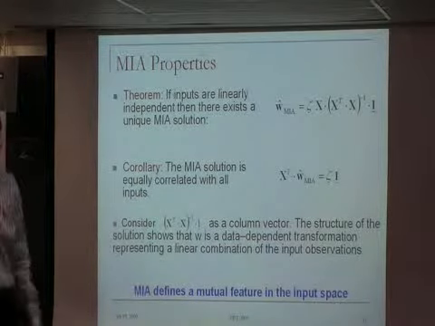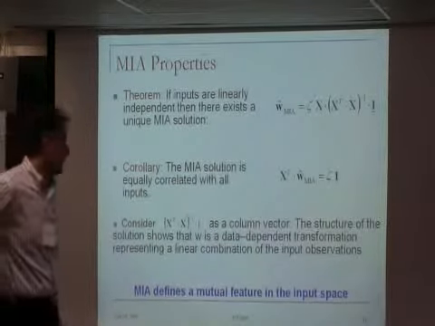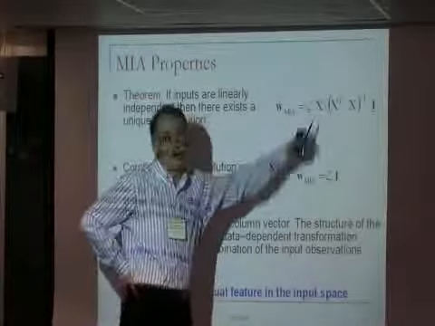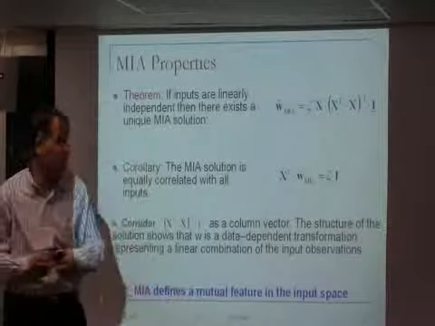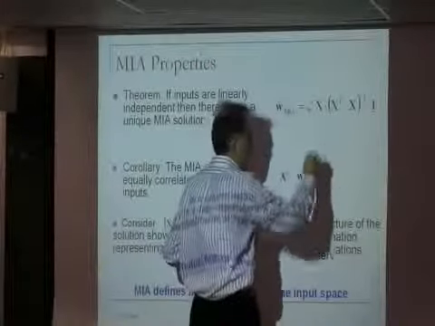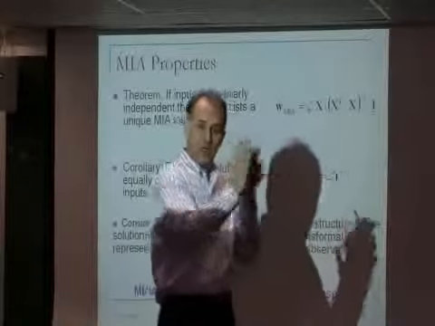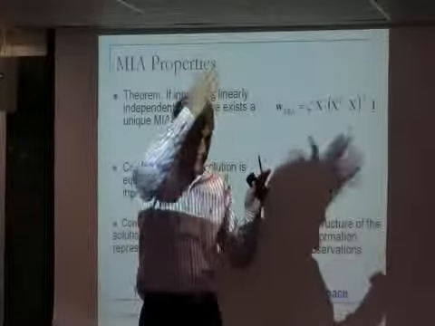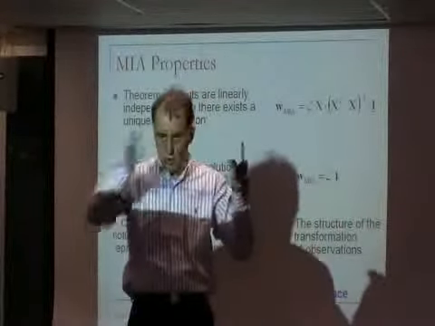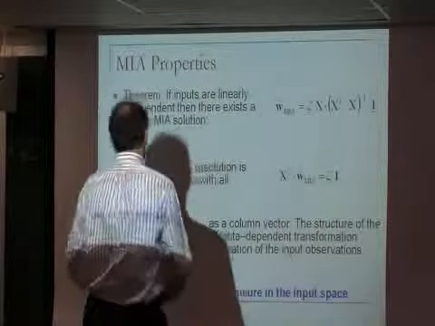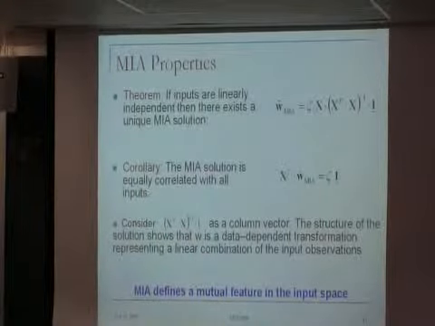Let's assume data dependent. Right? So we have a transformation that really indicates that this is a linear combination of all the inputs. By X, by the way, I just concatenated all the inputs. Each observation is a column vector, and I put all the faces together, all the sounds together, right?